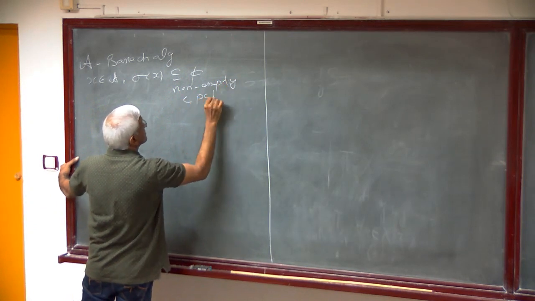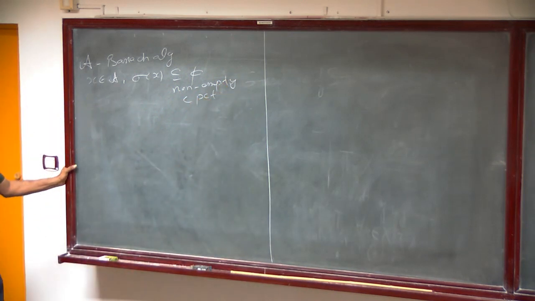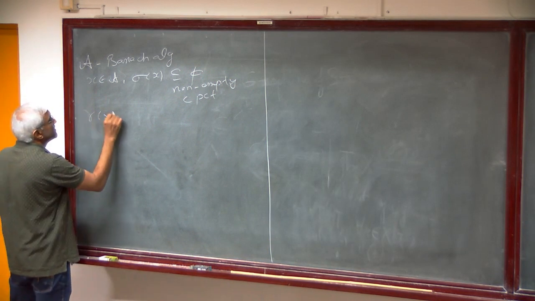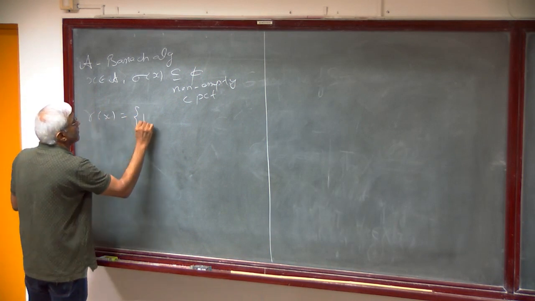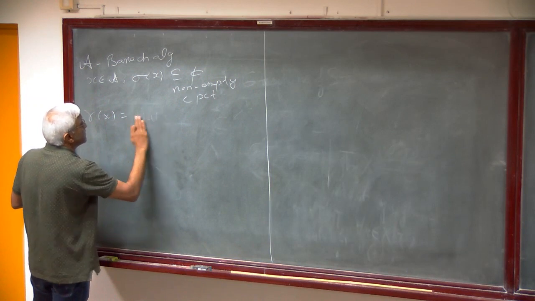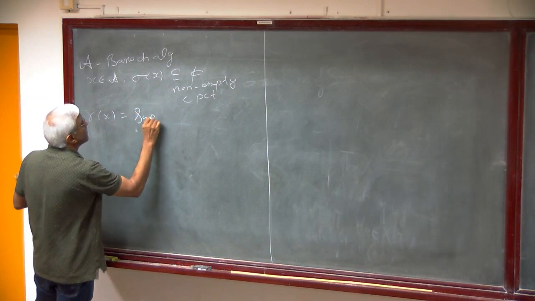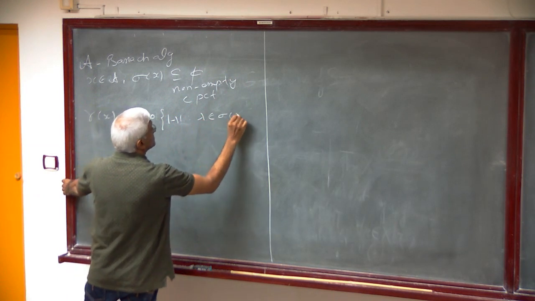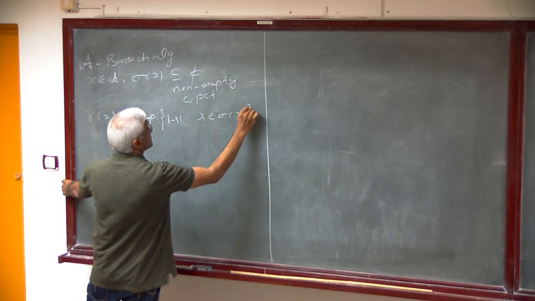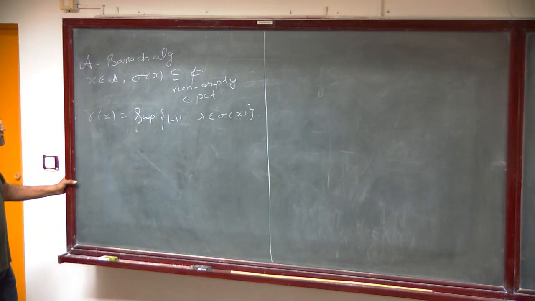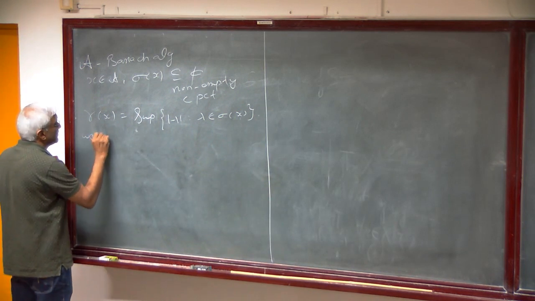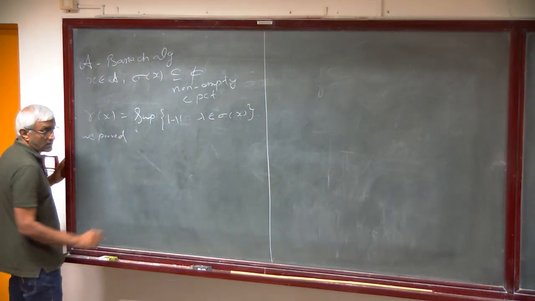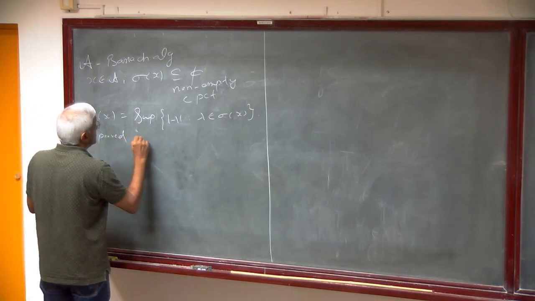Then we defined the spectral radius R of x equal to the supremum of mod lambda, lambda in sigma of x. Then we proved the formula, which is called the spectral radius formula.